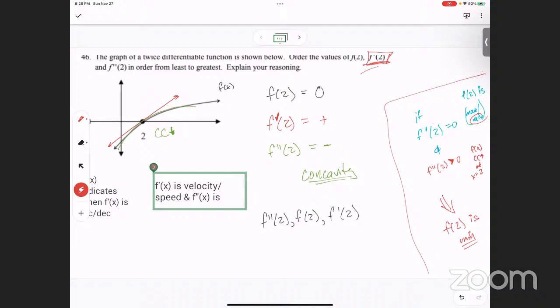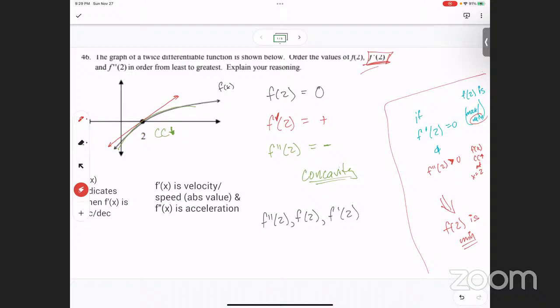So speed is the rate of change of distance, velocity is the rate of change of displacement, and acceleration is the rate of change of velocity. Does that make sense?